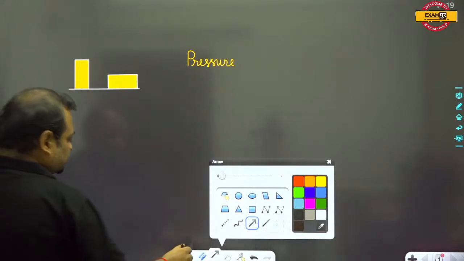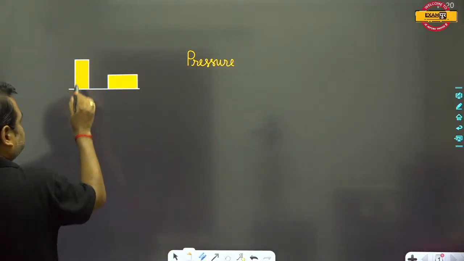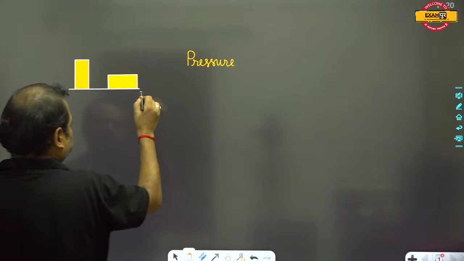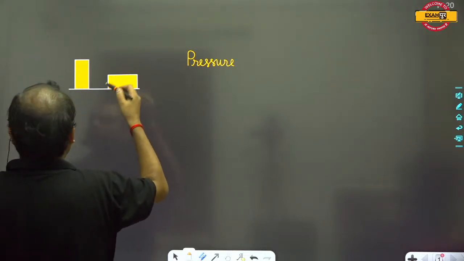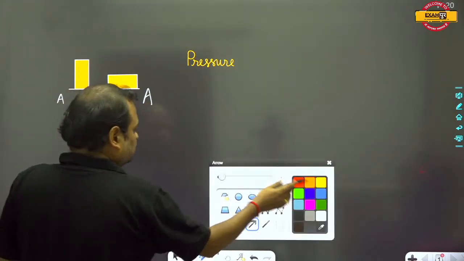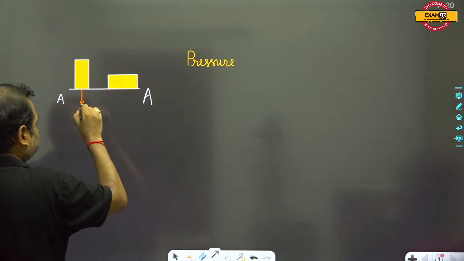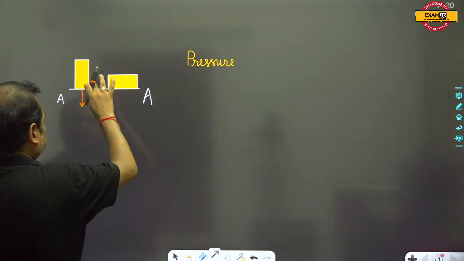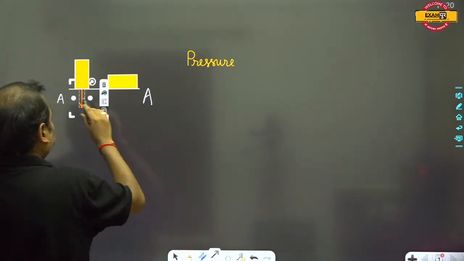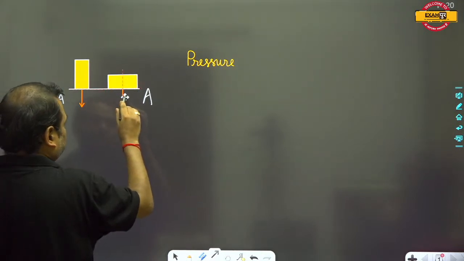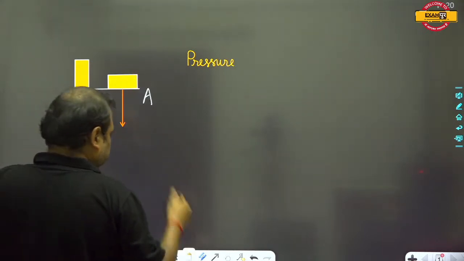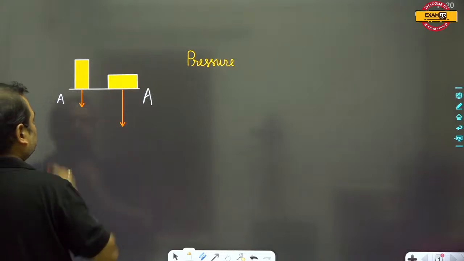So here we can observe that the contact area between brick and the ground is very low, and here the contact area between the ground and brick is high. The whole weight of the brick will be lying on the same ground at this area, and the whole weight of the brick will be lying on the capital A area at this place.